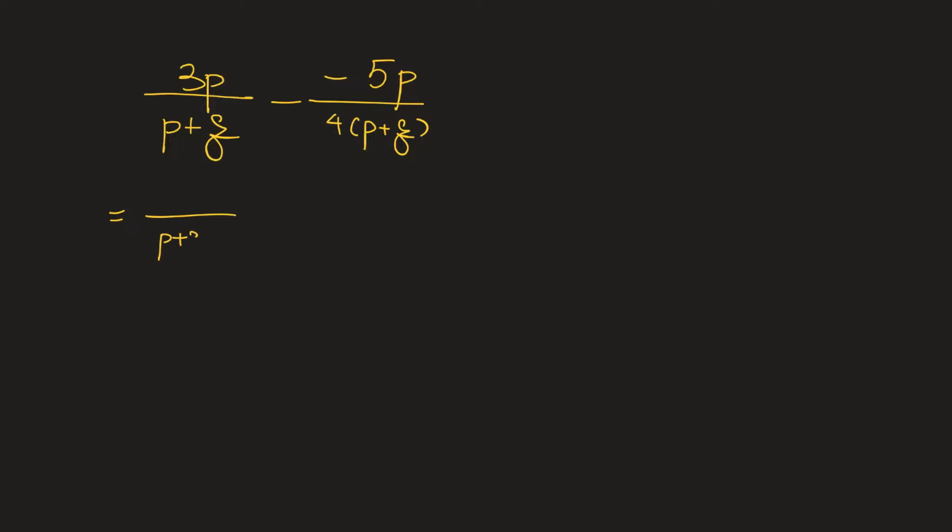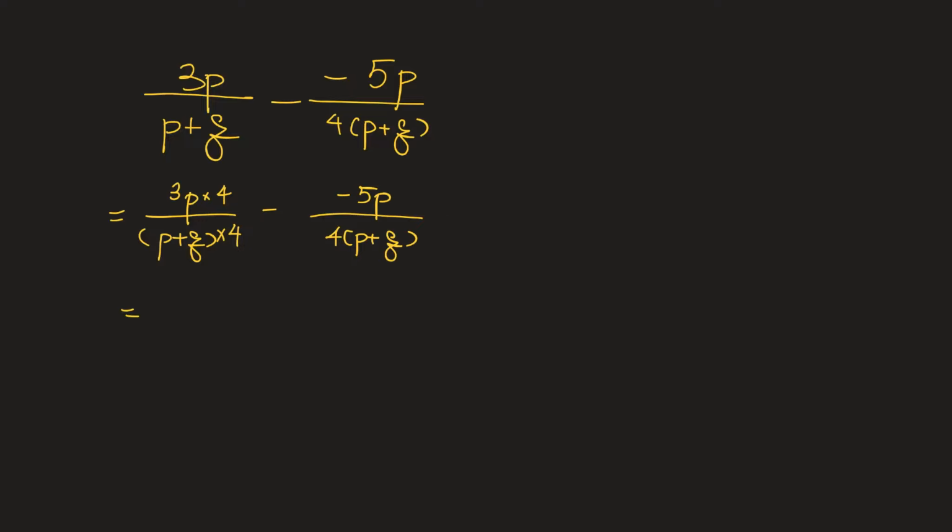We'll have another one. This time maybe we have 3p over p plus q minus negative 5p over 4p plus q. So this time, for the first term, we times 4, so that you can see that the denominator becomes the same.